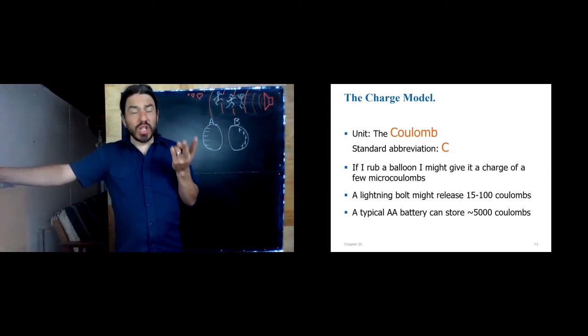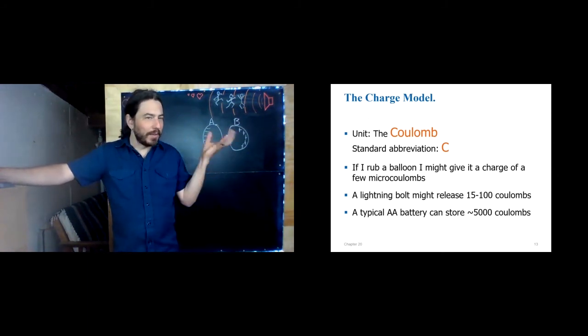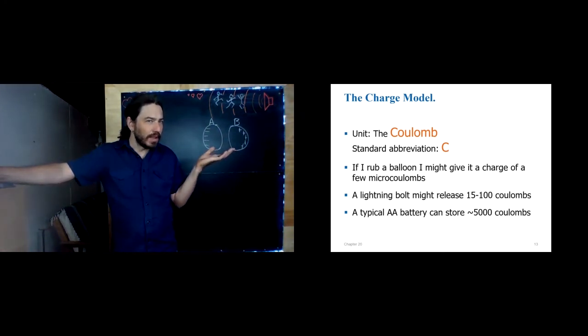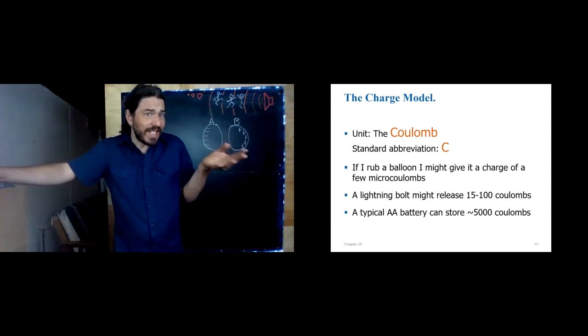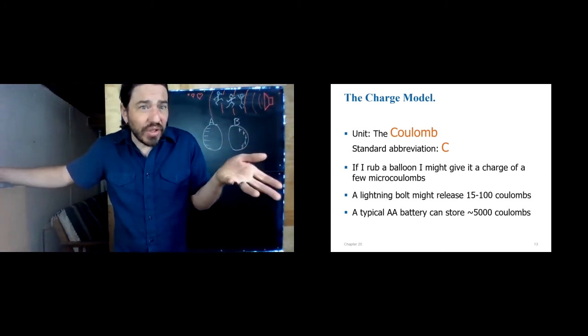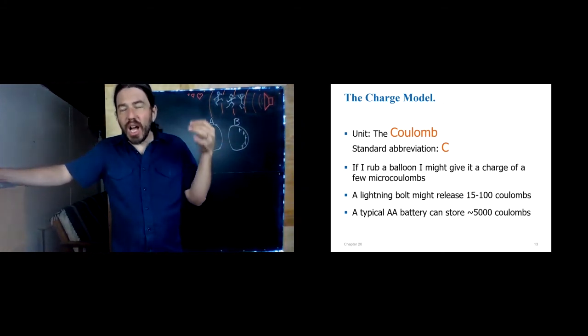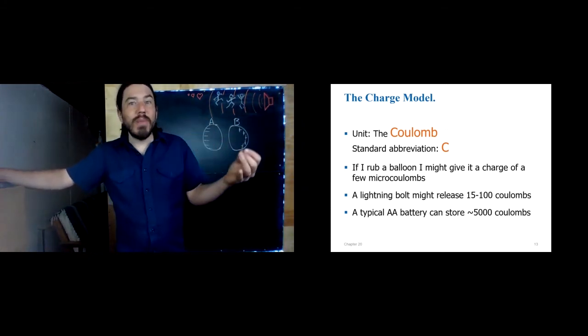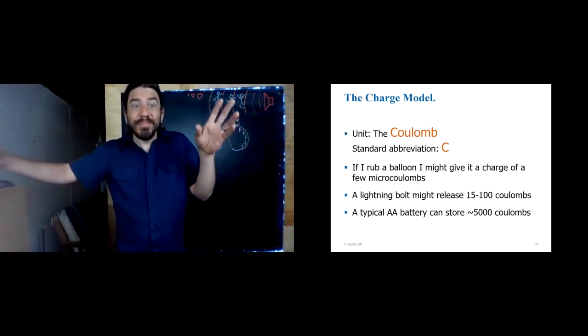And what else about charge? Charge is an intrinsic property of some types of matter. What does that mean? Well, electrons have a negative charge. Why? I don't know. They just do. That's what I mean. It's an intrinsic property of electrons to have a negative charge, just like it's an intrinsic property of electrons to have a mass of 9.11 times 10 to the negative 31 kilograms.